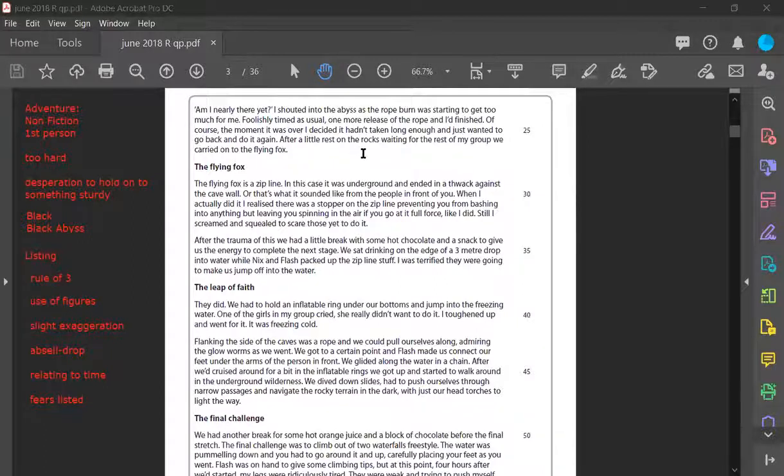Foolishly timed as usual, one more release of the rope and I'd finished. So this particular sentence means that she was actually almost there, and just one more release of the rope, with that she was able to touch ground. Of course, the moment it was over, I decided it hadn't taken long enough and just wanted to go back and do it again.